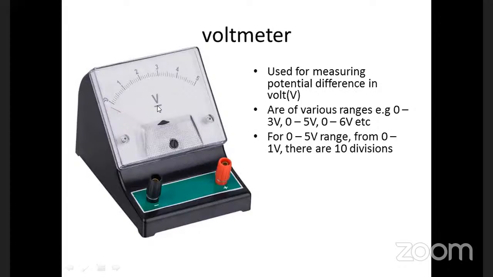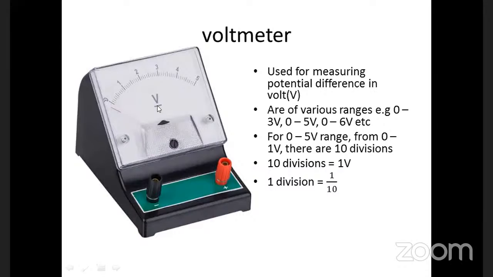For that particular voltmeter, there are 10 divisions between 0 and 1. So what does 1 division represent? 1 division is equal to 1 divided by 10. When you divide 1 by 10, what do you get? 0.1.